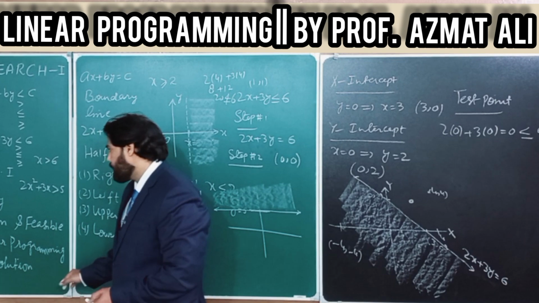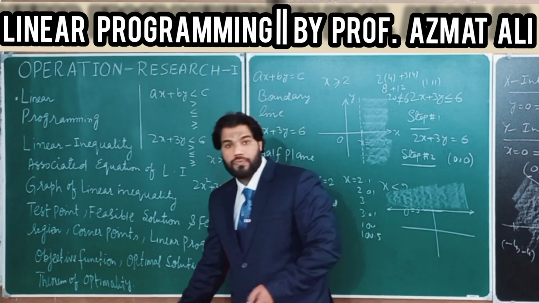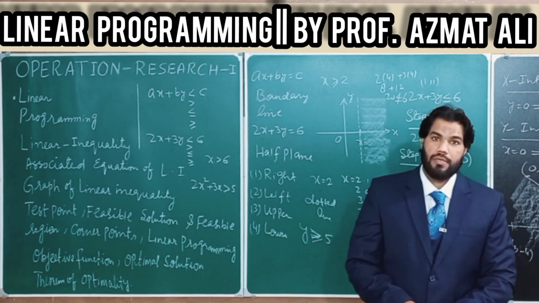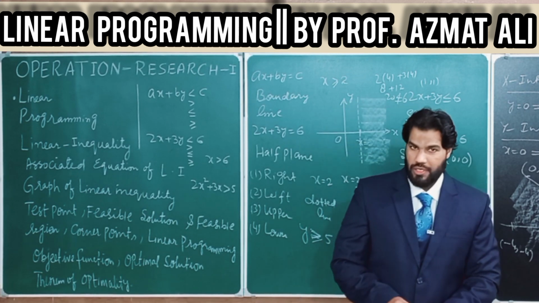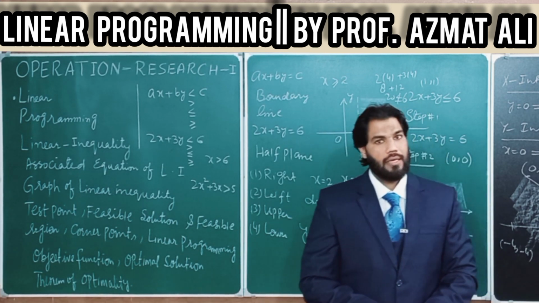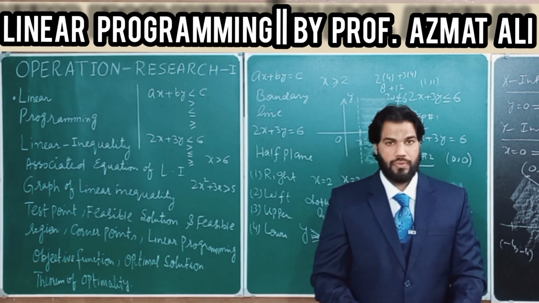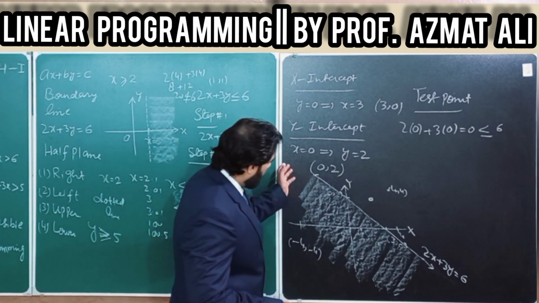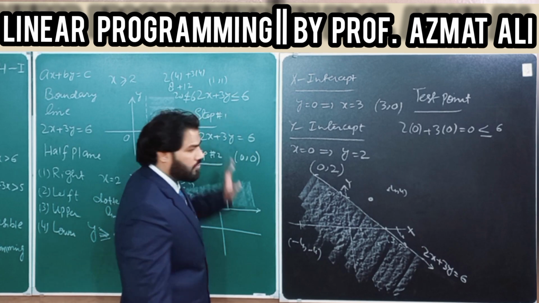Next, what is a corner point? Very important in linear programming. Corner points are the points where the linear inequalities cut each other or cut the x-axis and y-axis. For example, here I have only one inequality, that is 2x plus 3y less than or equal to 6.